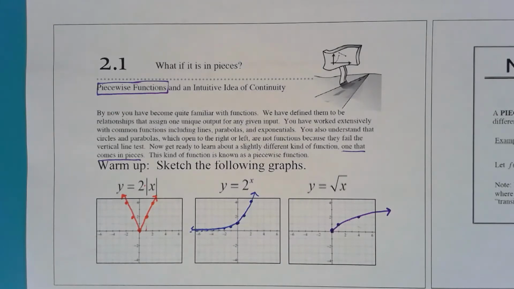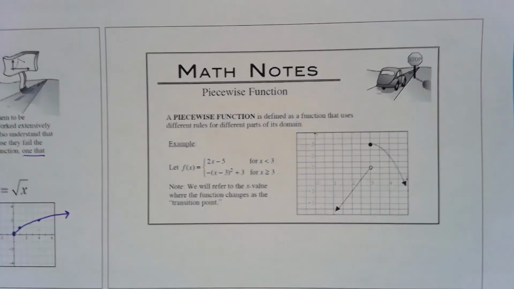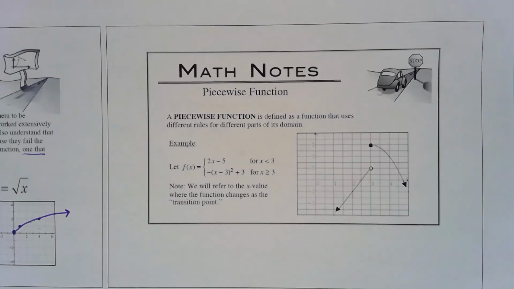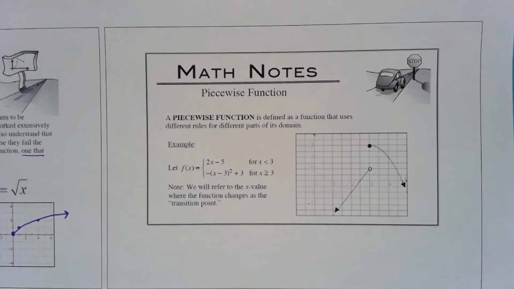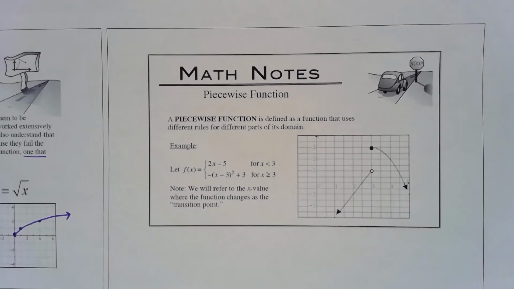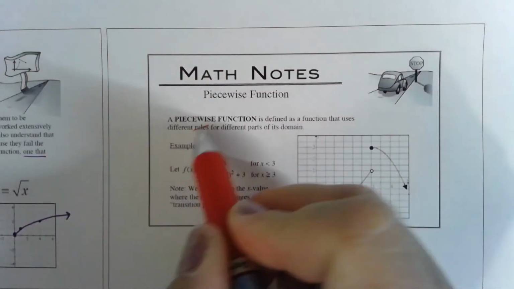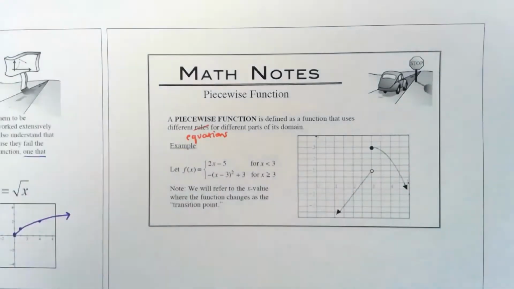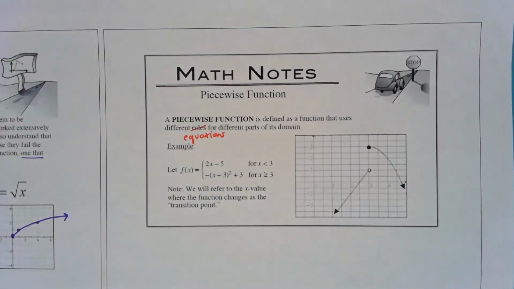So a piecewise function is defined as a function that uses different rules or different equations for different parts of its domain. So we'll say rules or equations for different values of x.